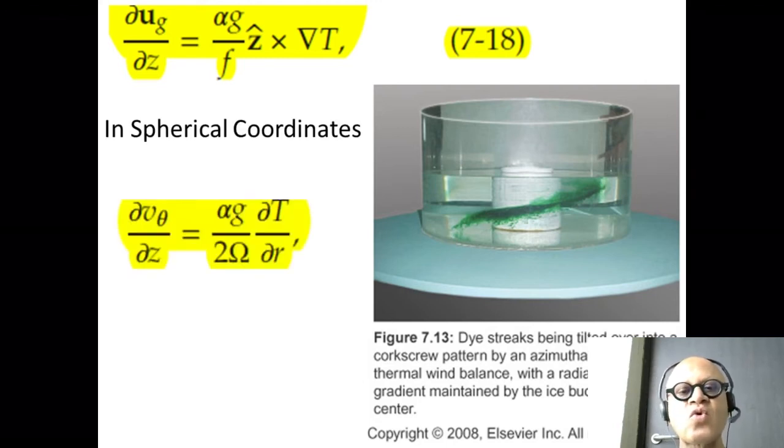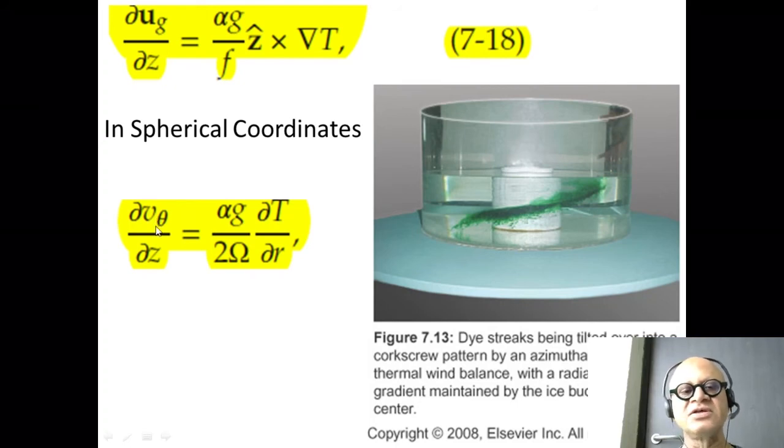So in the spherical coordinate, or rather this radial coordinate, it's not exactly spherical, in the water tank you can write it as dv theta dz instead of dug, because v theta is the azimuthal velocity, and alpha g over f grad T can be written as alpha g over 2 omega dT dr. Here you had dT dx, dT dy, whereas here you just have the radial direction, which obviously can be split into x and y, but doesn't make sense in this context.